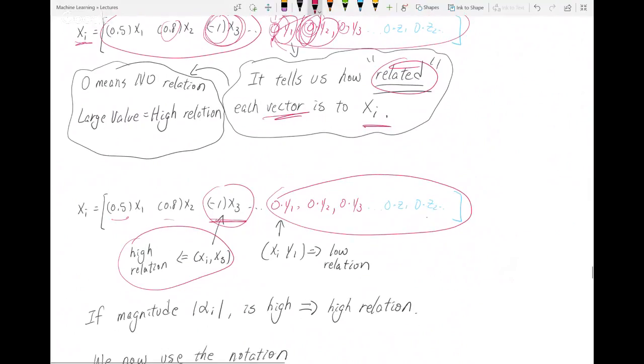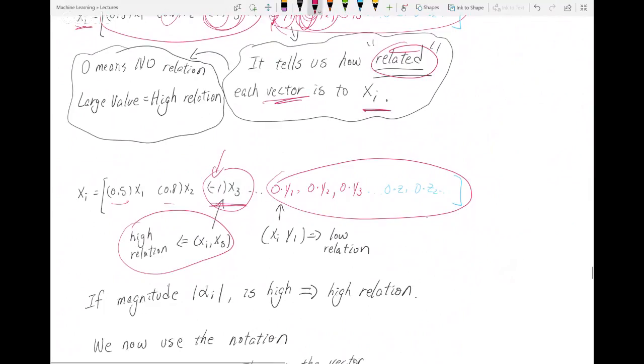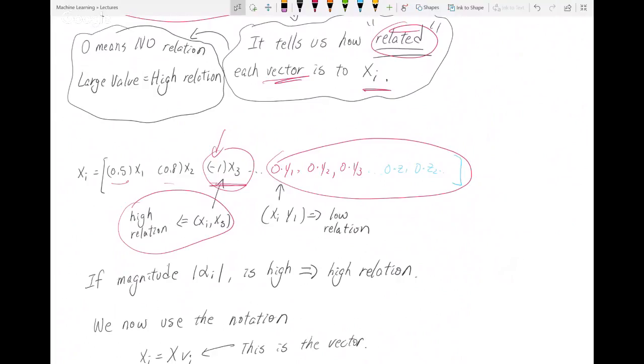And of course, we don't care if it's positive or negative. When you have a heavy weight, it doesn't matter if it's positive or negative, it's a high weight. And therefore, this tells you that x3 and xi, whatever xi is, have a very high relationship.